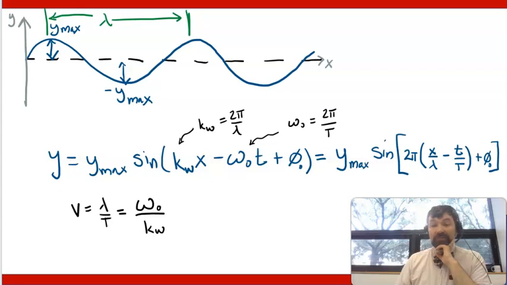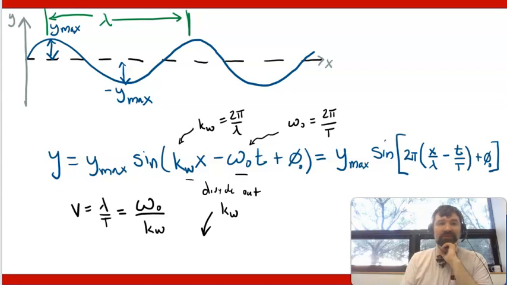And so I could come back in here and basically divide a k_W out of everything. So if I divide this term and this term both by k_W, so divide out a wave number, then I can rewrite this in terms of the speed.